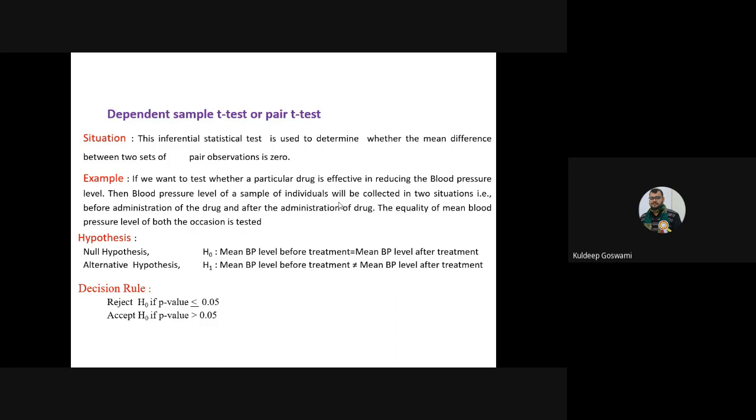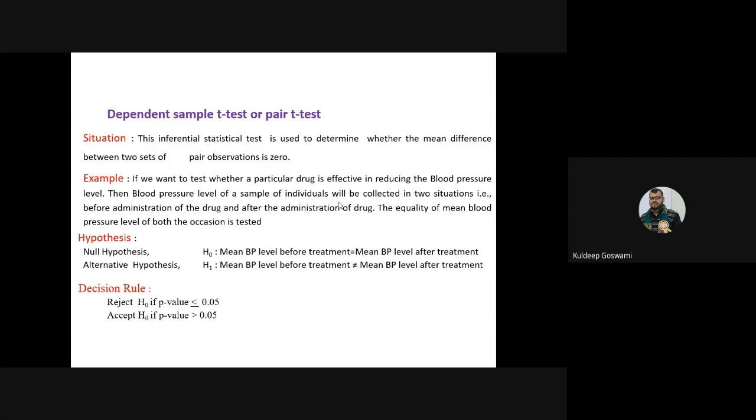Then they give that drug to those patients, and after 1 or 2 hours, they check the blood pressure level again. Okay, again they get 20 different data for 20 different persons.